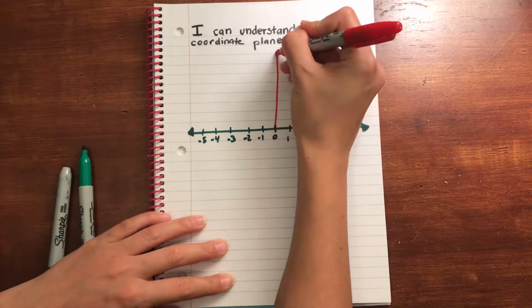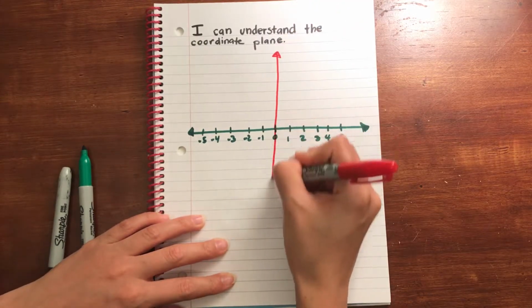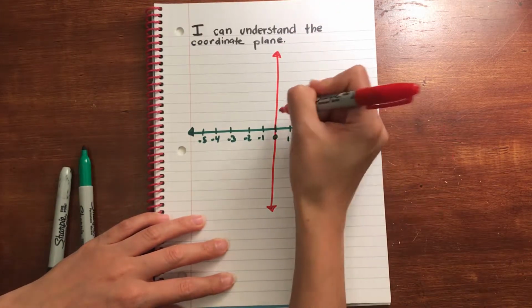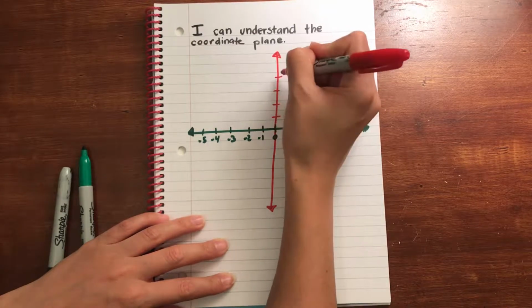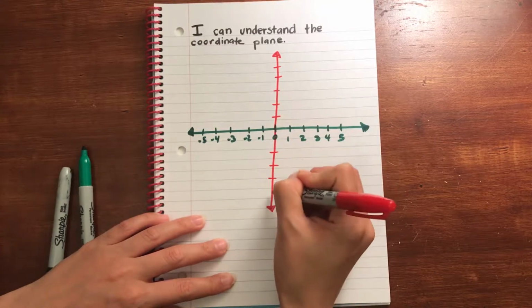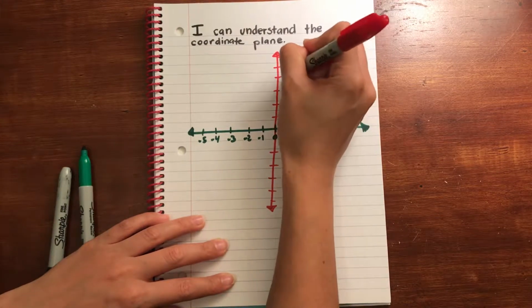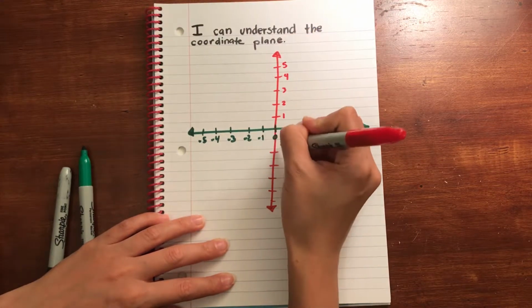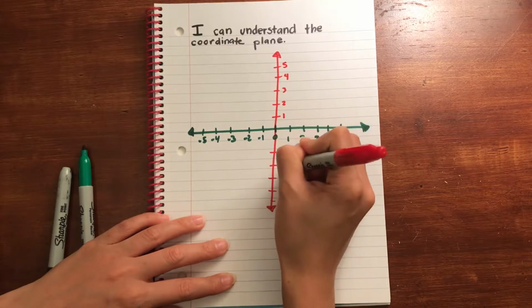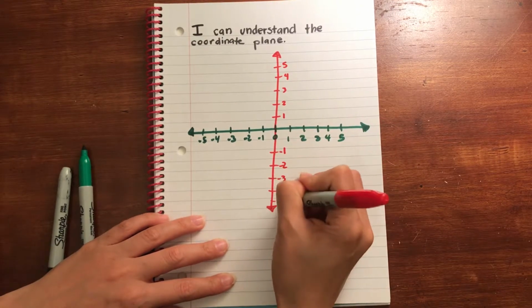Let's draw the vertical number line on a coordinate plane. We call this y-axis. We have +1, +2, +3, +4, +5, starting at the origin, going down, -1, -2, -3, -4, and -5.